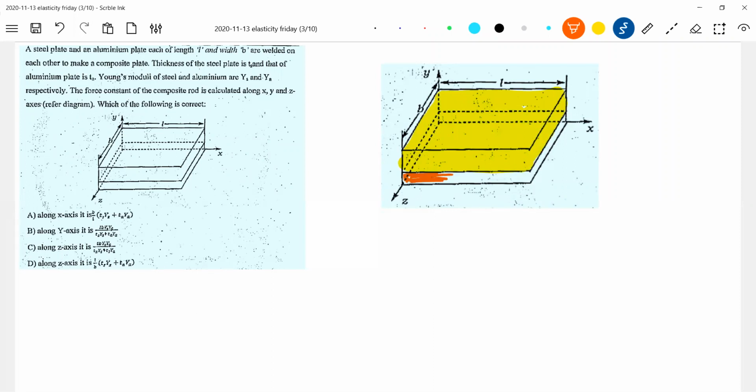Are you seeing this? I'll color it so that at least you'll understand the diagram.